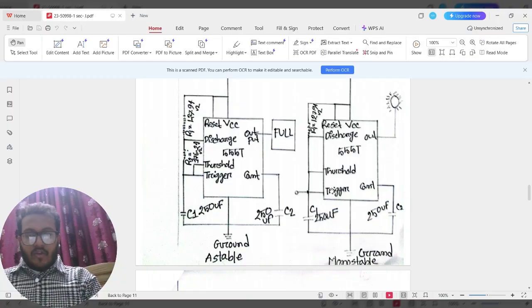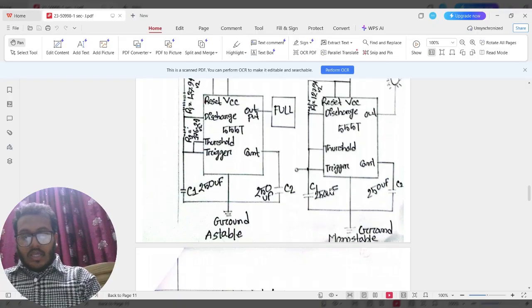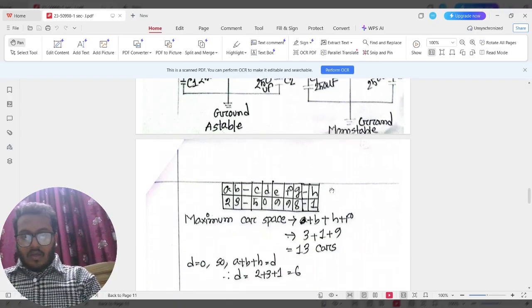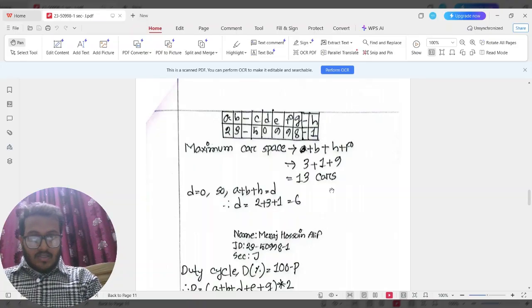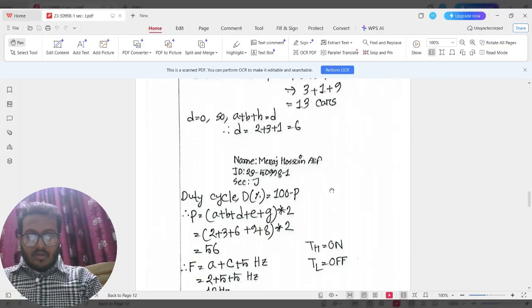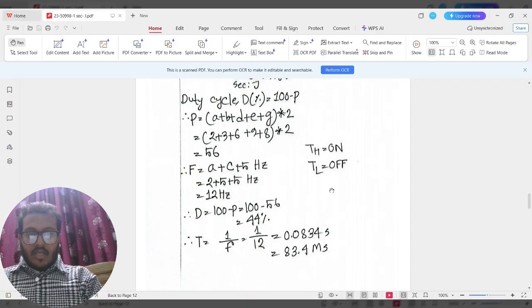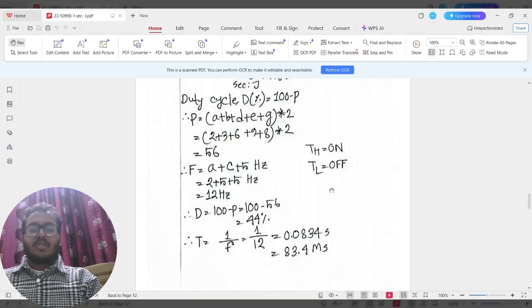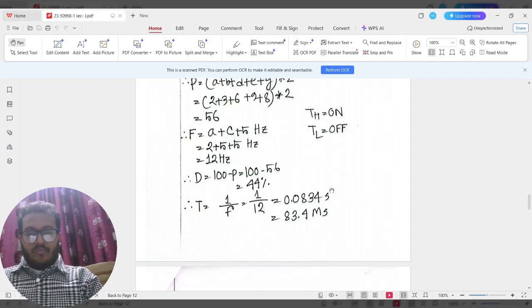The duty cycle, frequency and capacitor values are selected according to the given parameters. So the maximum car space is 13, and D is 6, and duty cycle is equal to D percent, 100 minus P. So P is equal to 56, and in the question there is also a formula A plus B plus D plus E plus G into 2, so that will count 56.